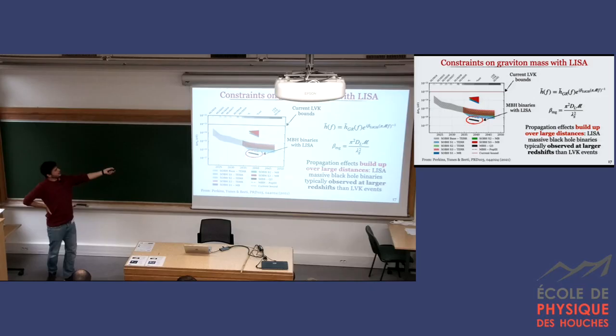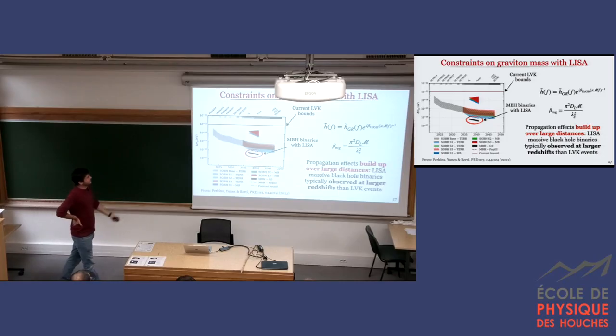For those of you that have read particle physics papers, mass in particle physics is normally measured in electron volts, which is an easier measure of particle masses. So 10 to the minus 23 is the current bound on the mass of the graviton, given the current observations by LVK.